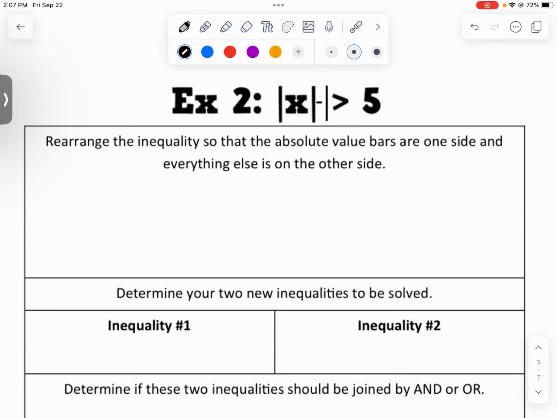Okay. So here's the deal. Is the absolute value of X by itself? No. Reese, what do we need to do to both sides? We need to add 1. If we add 1 to both sides, we get the absolute value of X is greater than 6.